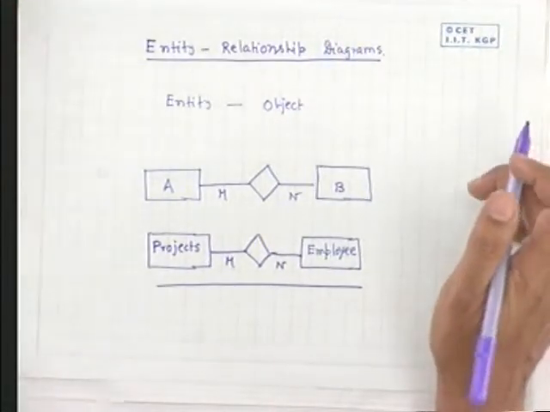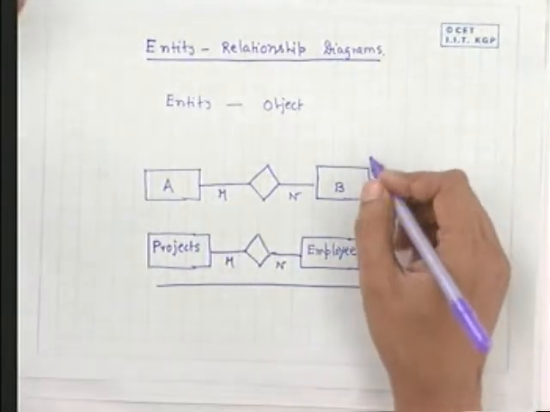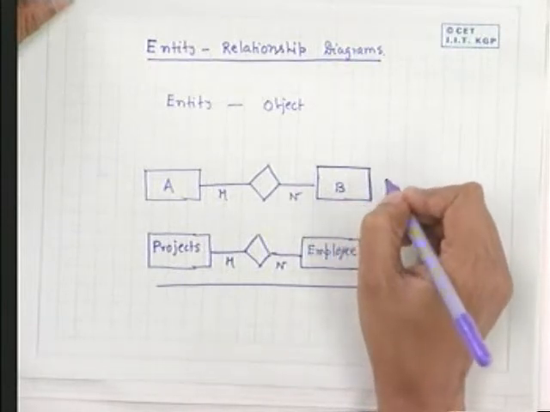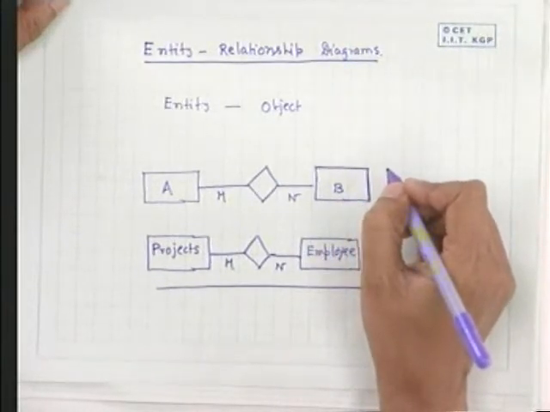So these are the typical symbols which are used in the database literature to describe or capture the semantics of the data. And this is a very simple model to borrow the same terminology into the object-oriented world.